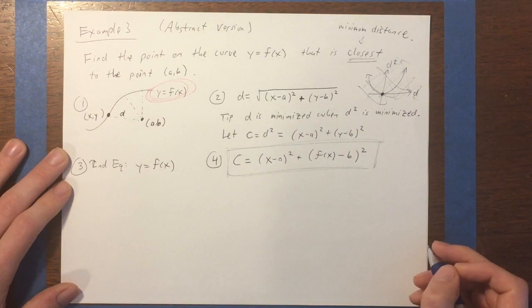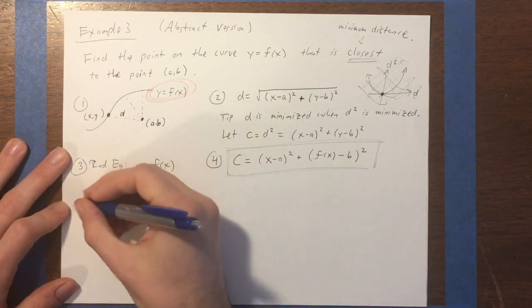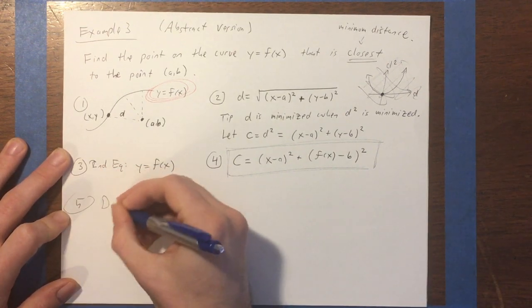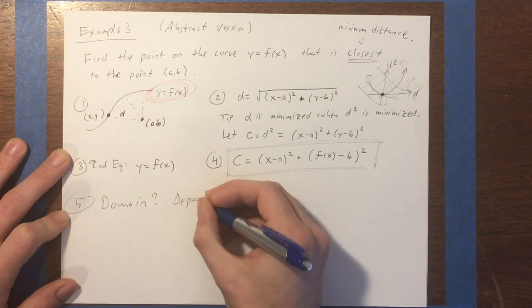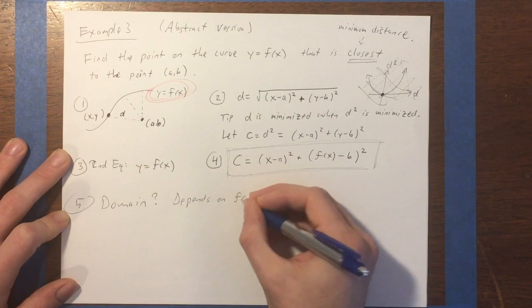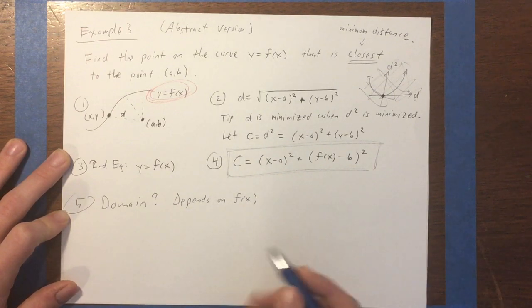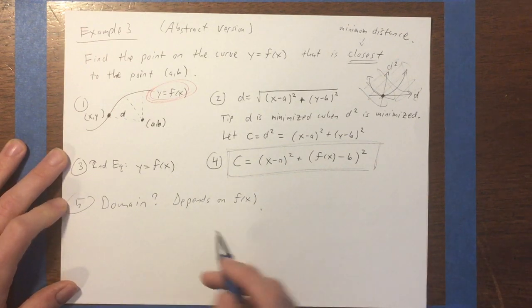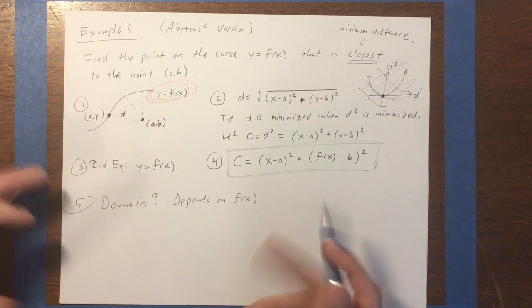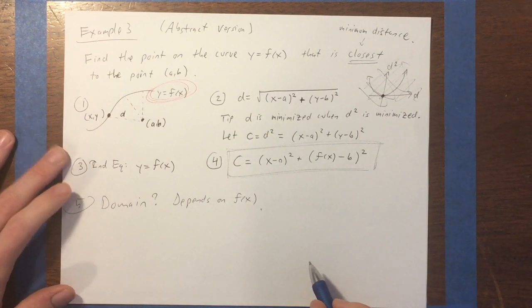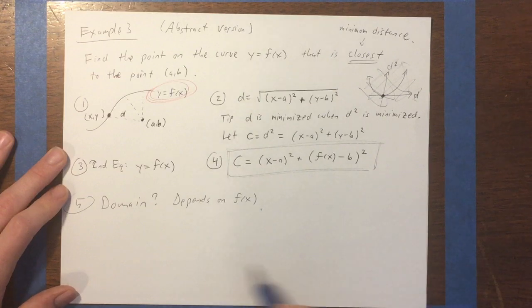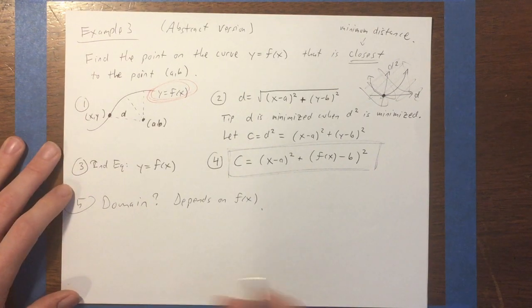Now, for step 5, the domain kind of depends on your f of x. It depends on the domain of f of x. Whatever domain you should use is just the domain of the function. That would determine what x values are reasonable. So it might be all real numbers, or maybe if f of x is a square root, then it might be 0 to infinity, or whatever.